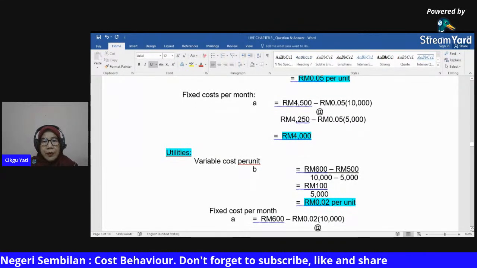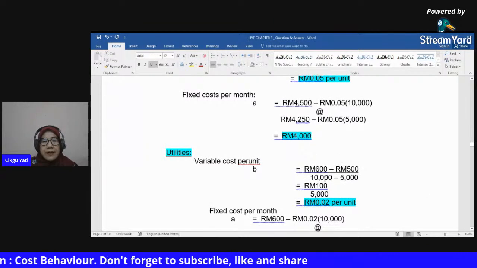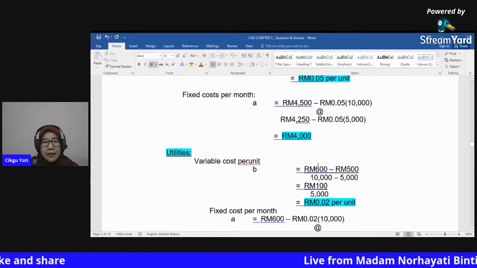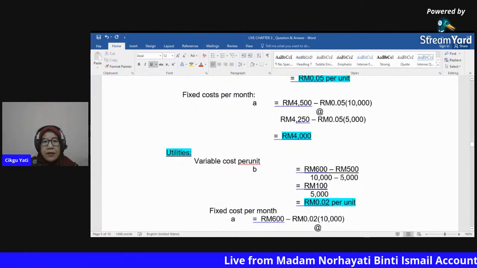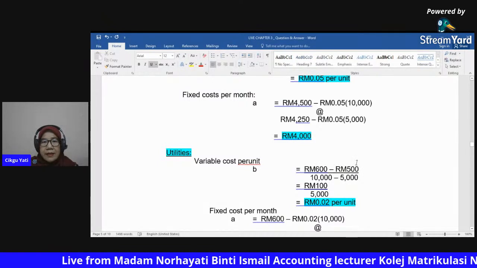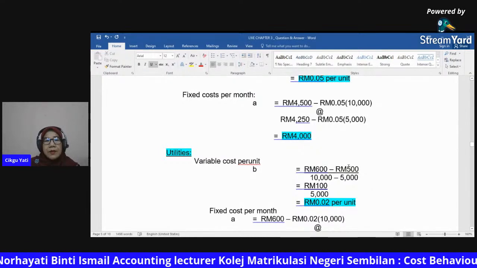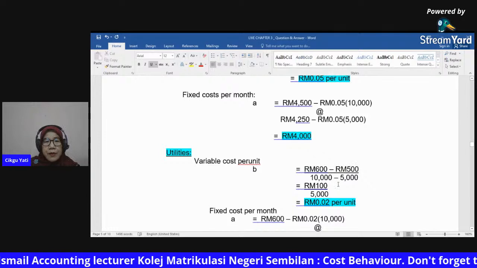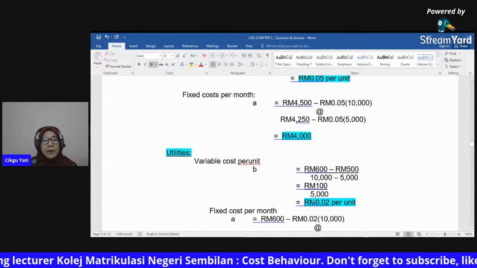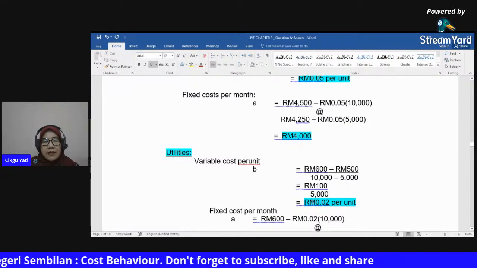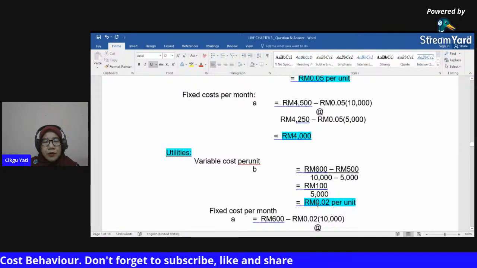You just substitute the amount. 10,000 represents the highest unit and this is the highest cost, and 5,000 represents the lowest unit and this is the lowest cost. You must memorize this formula.